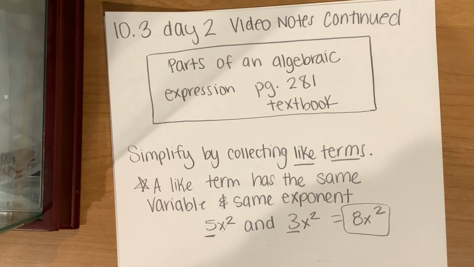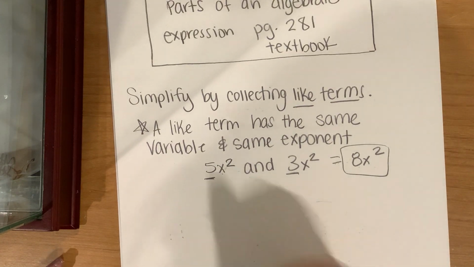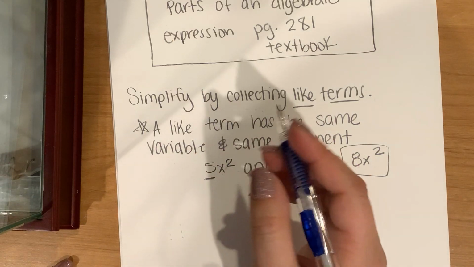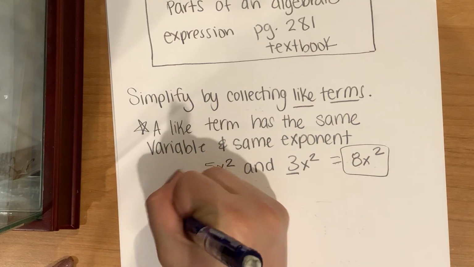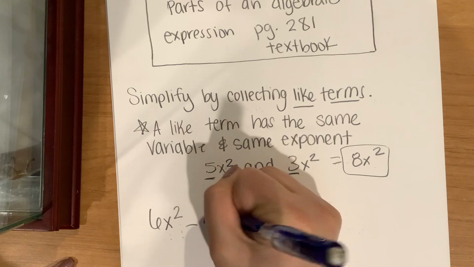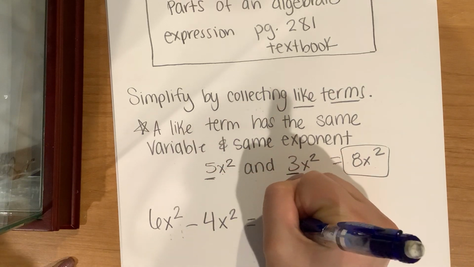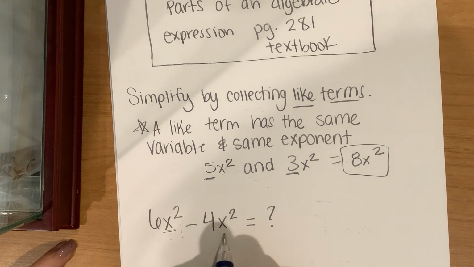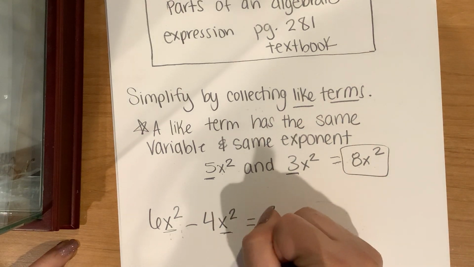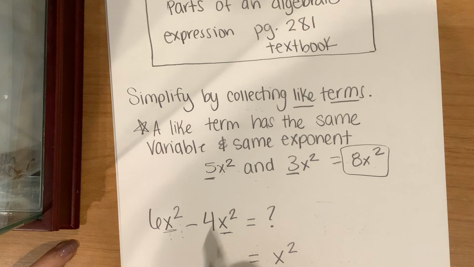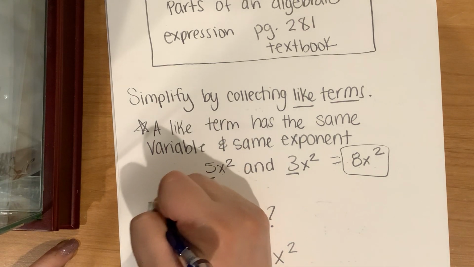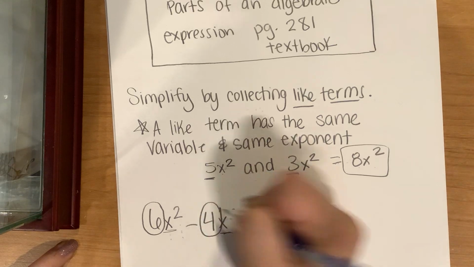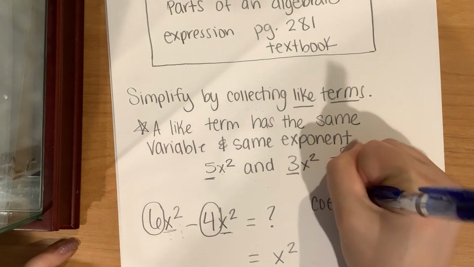So let's try an expression here. I'm going to simplify by collecting like terms again. I've got 6x squared minus 4x squared equals what? Same thing as I did above. The x squared will transfer over into my answer, and I'm only going to subtract the coefficient. Again, that is the number in front of the variable.